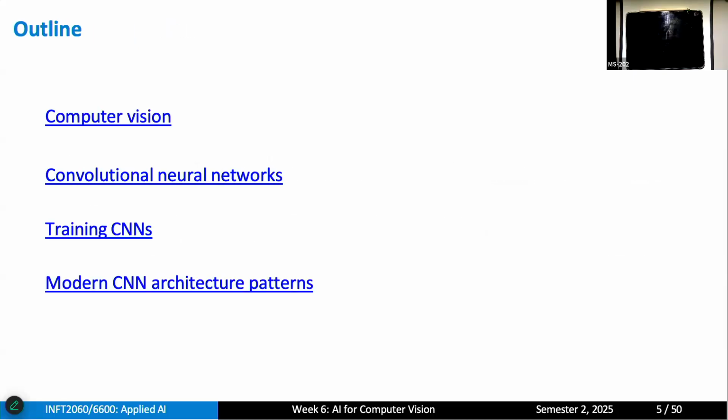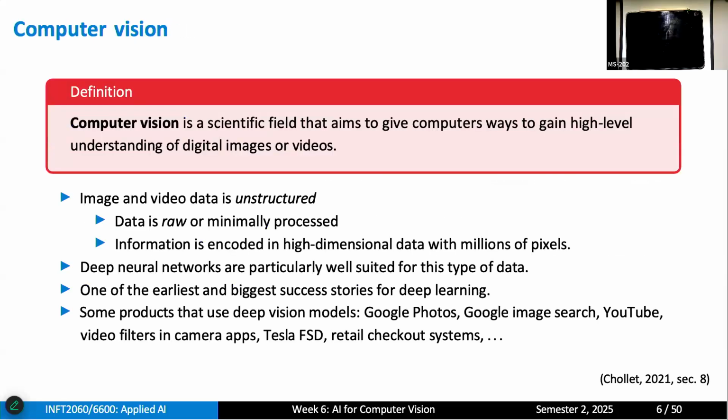All right, now let's focus on the first thing, computer vision. It aims to give computers ways to gain a high-level understanding of digital images or videos. Images and videos are all unstructured data. So just recall what unstructured data is.